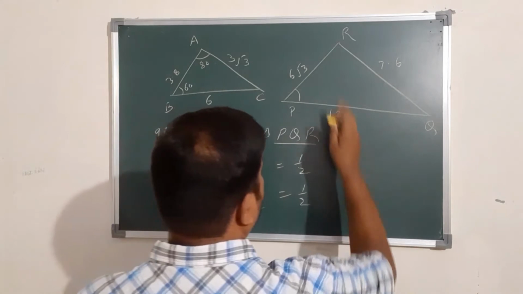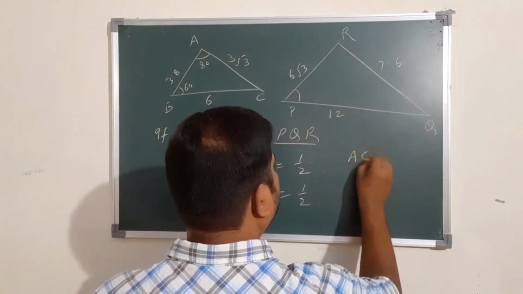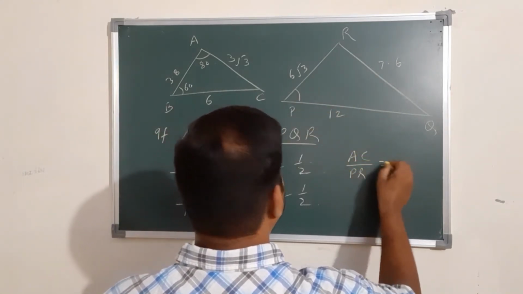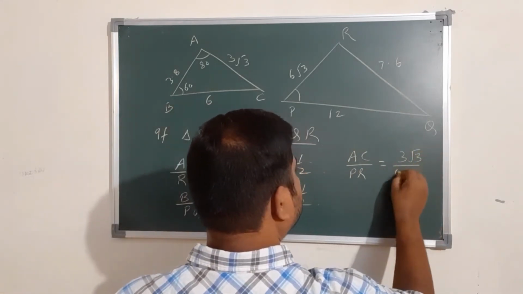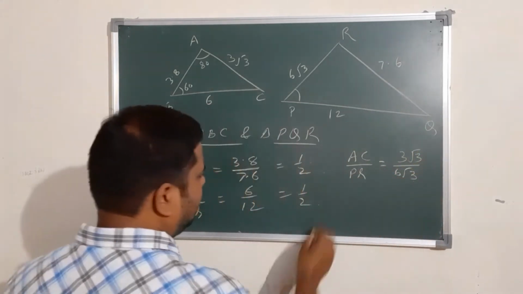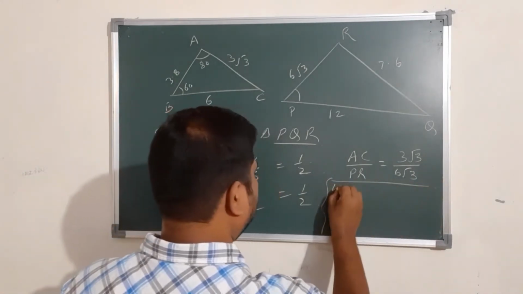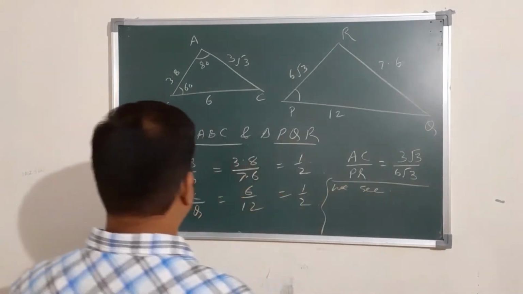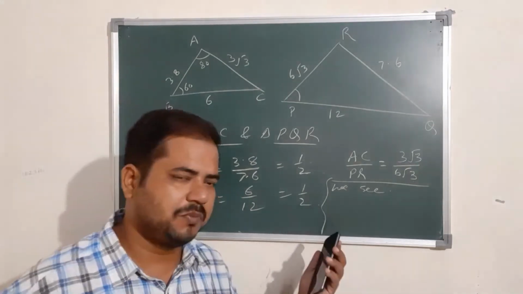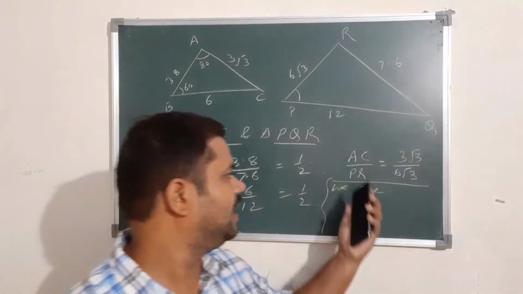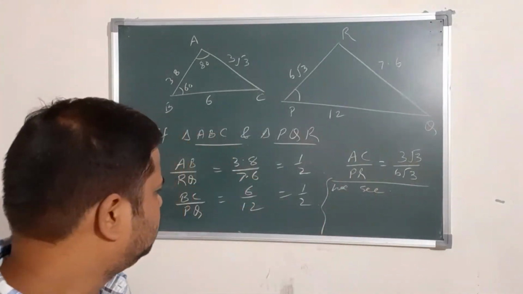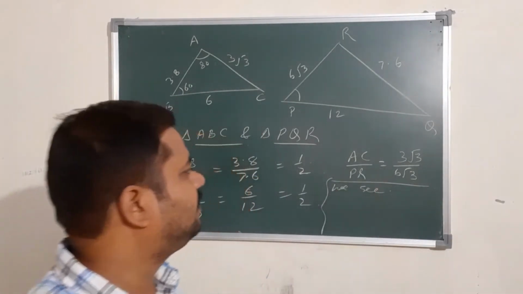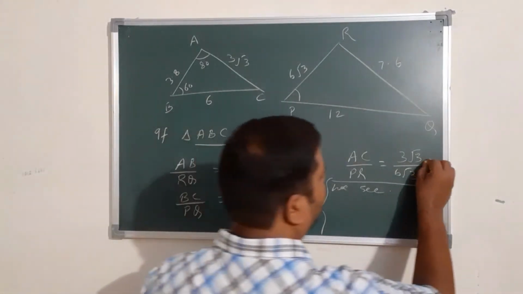And AC upon PR is 3 root 3 upon 6 root 3. So we see AB upon RQ is 1 by 2, BC upon PQ is 6 by 12, 1 by 2, and AC upon PR is also 1 by 2.